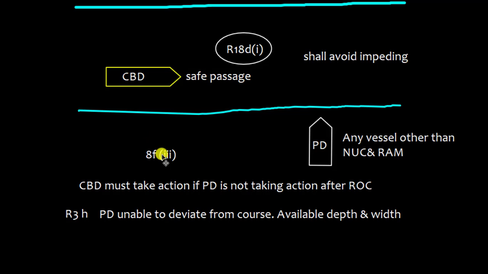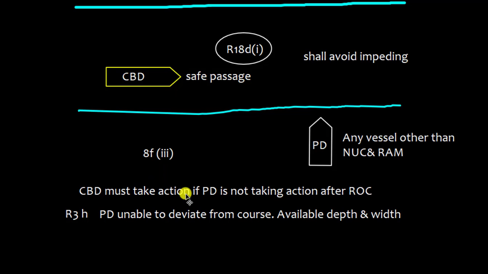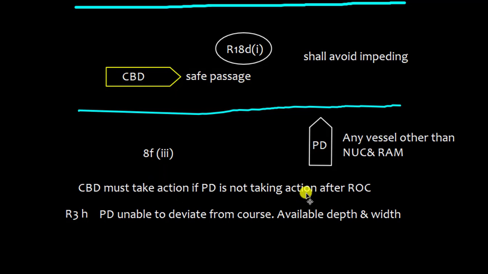However, now let's come to Rule 8F3. 8F3 says no matter what, the CBD is still obliged. So the CBD must take action if the power-driven vessel is not taking action after risk of collision exists.